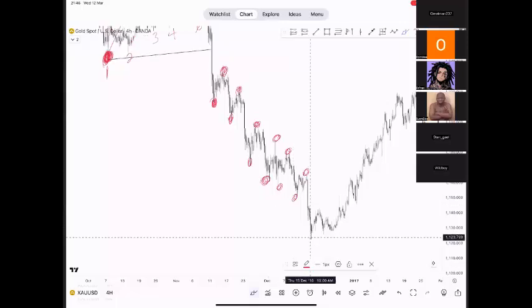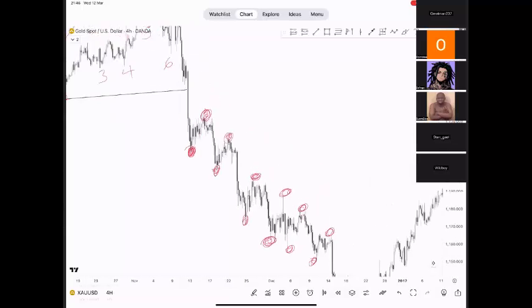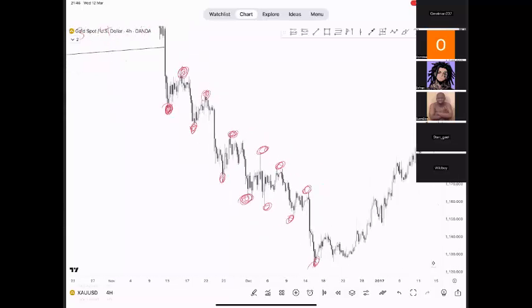I really hope that my marking is not confusing anybody. I said lowest point before new high, highest point before new low, lowest point before the new high, highest point before the new low. The lowest point price got to before creating a new high, the highest point price got to before creating what? A new low.